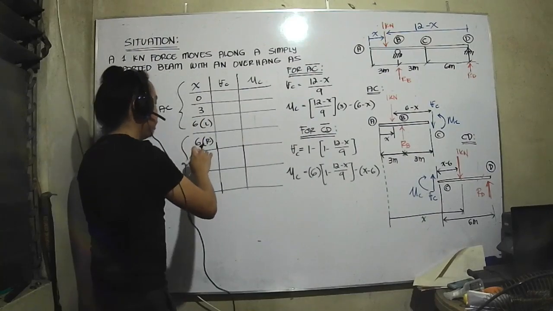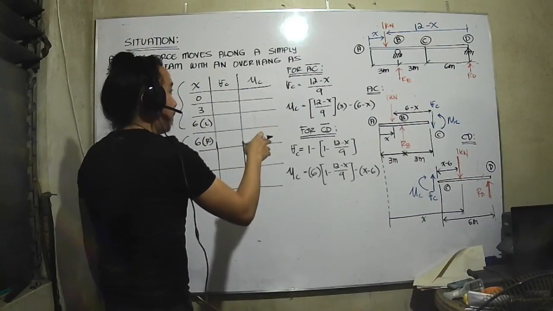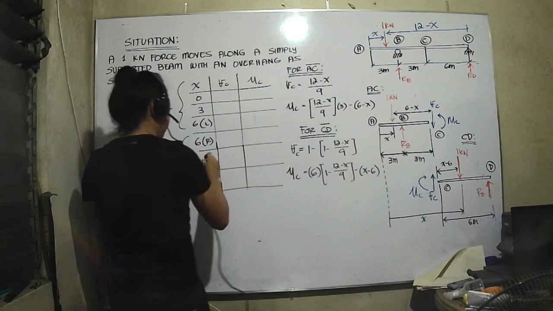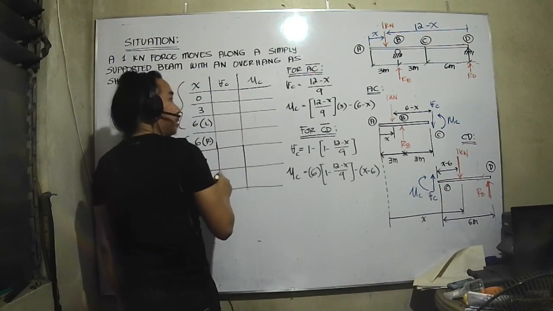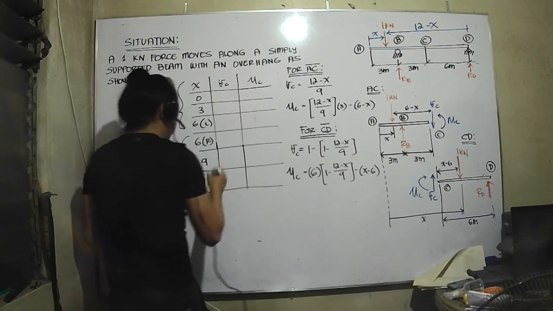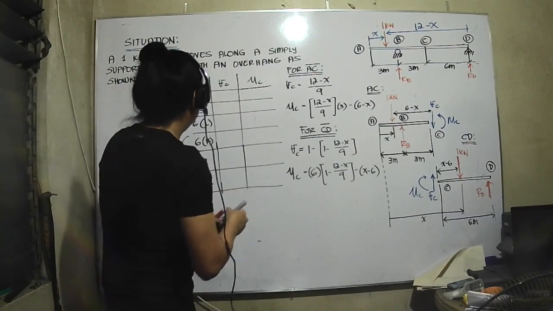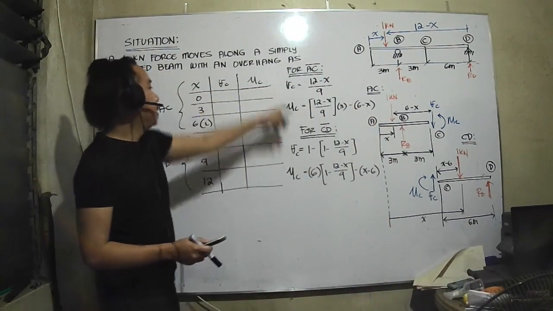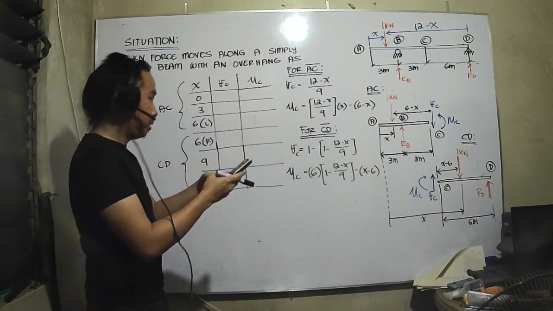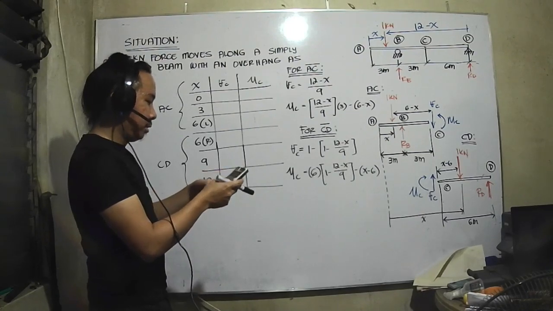Then 6, then say 9, and then 6 plus 6 equals 12. So we have something like this. First we go with 12 minus x over 9.